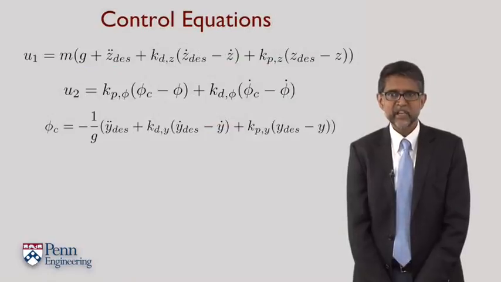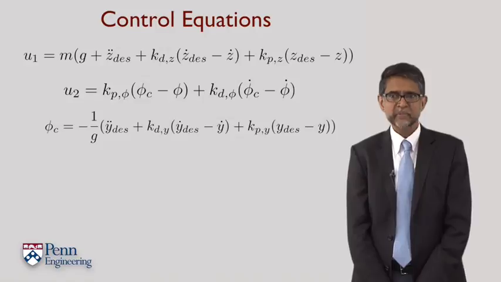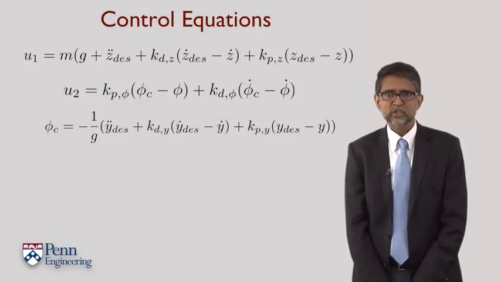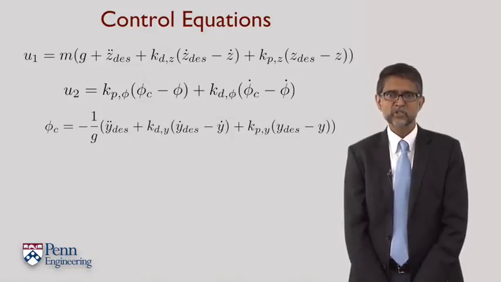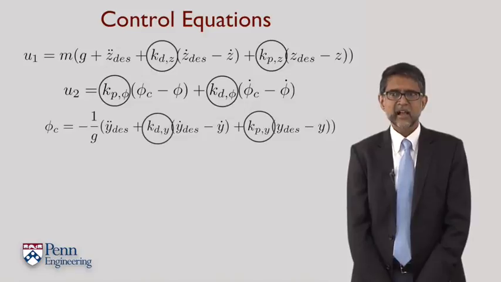If I put everything together, I have actually three equations, one that tells me what phi sub c is at the bottom. From that I get u sub 2, and then I get u sub 1 from that. So these are the three control equations I can use to drive a quadrotor, assuming my assumption that it's close to the operating point is valid, and assuming that it stays on the yz plane. The only thing left to do is to calculate the constants. These are the gains, and there's actually 6 of these that need to be calculated.